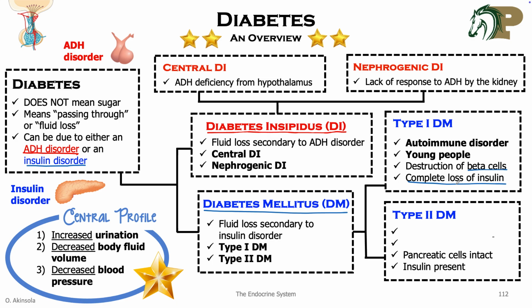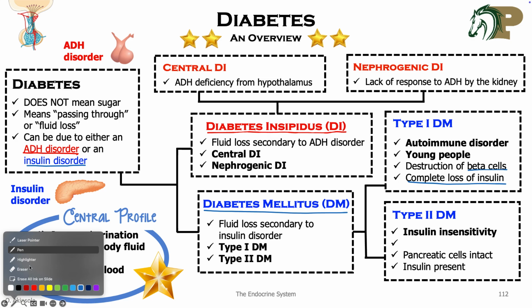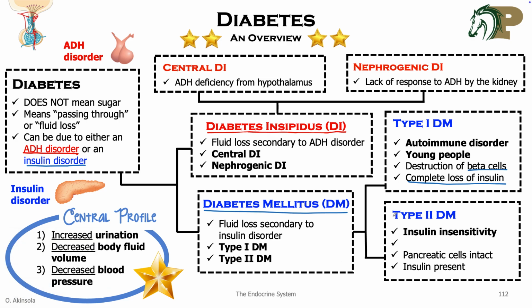So type 1 diabetes for the most part is a disease of younger people. Type 2 diabetes, on the other hand, comes from insulin insensitivity. So in principle, type 2 diabetes is actually very similar to nephrogenic diabetes insipidus. In nephrogenic diabetes insipidus, the kidney's not listening to ADH.